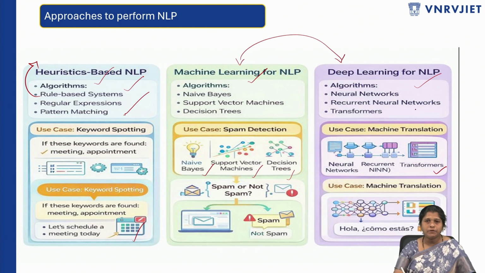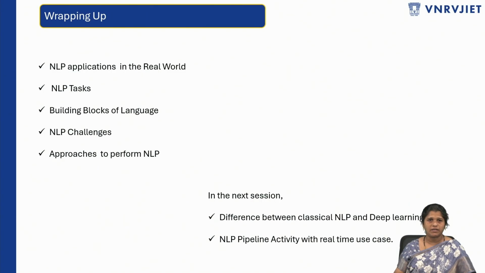Now people have moved to the deep learning approach, using automatic inclusion of word embeddings, transformers, GPTs, the Google APIs and all. Now they are able to do this. But still, there is some difference between the approach for machine learning and for deep learning. All these things will be discussed in the next session.